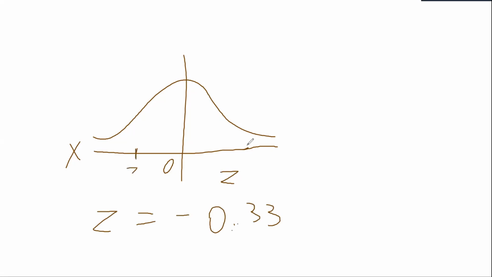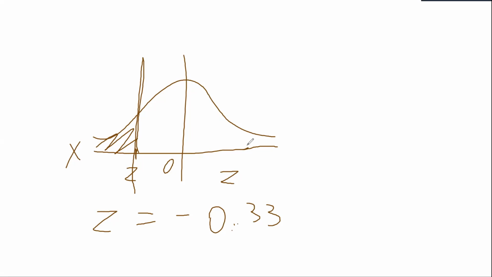We draw a vertical line here, and the area under the curve to the left of this line is the probability for the z value of negative 0.33.